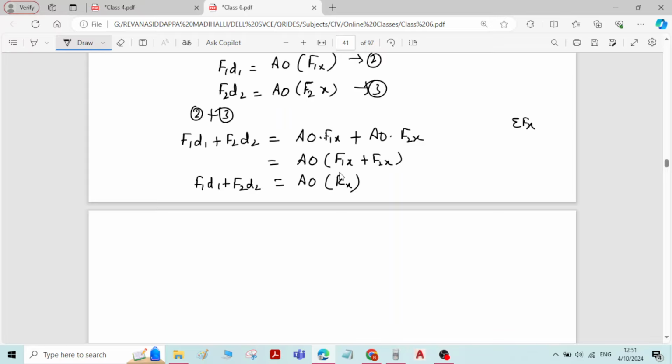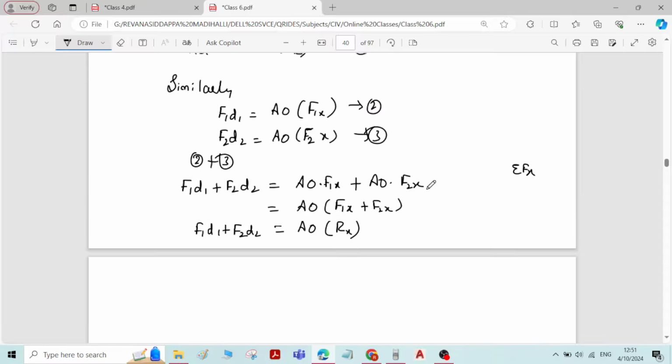In the previous videos we have seen that sigma Fx can be determined either by using the resultant force or by using the system of forces.